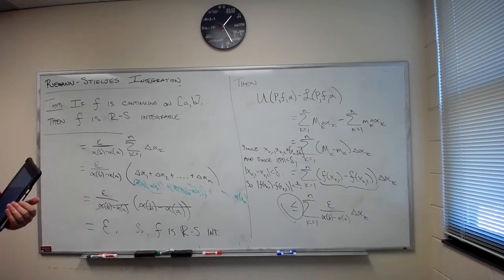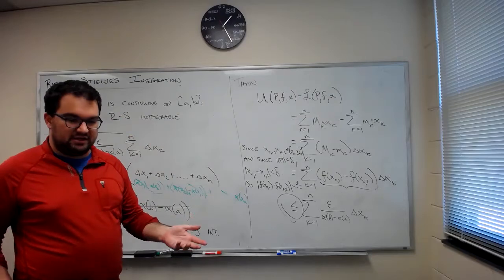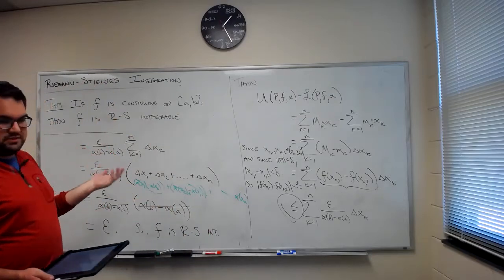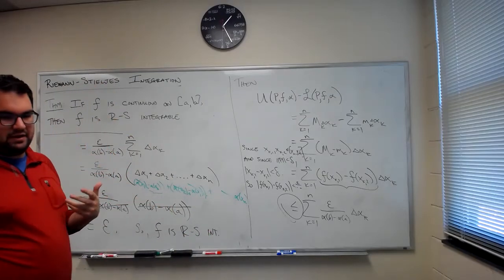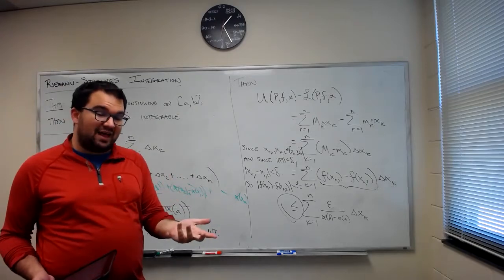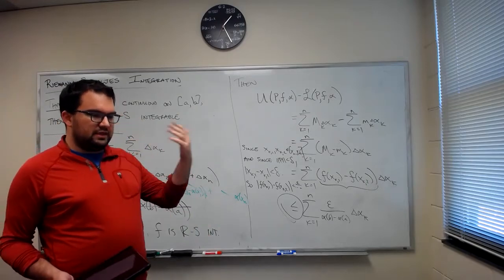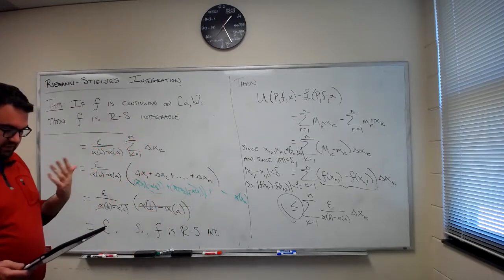Okay. So now we can at least say I know that every continuous function is Riemann-Stieltjes integrable. That's a nice property to have, right? Continuous functions are a nice class of functions, so it's nice to know that they all have this nice property.